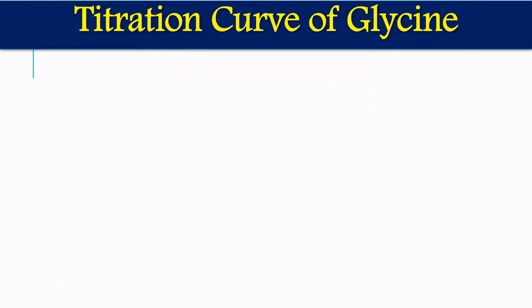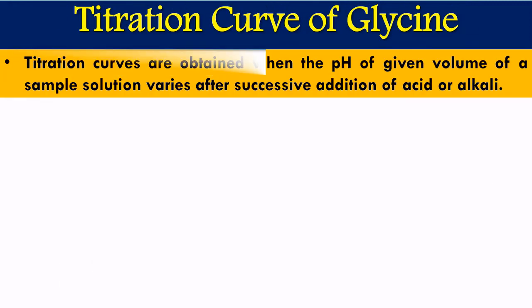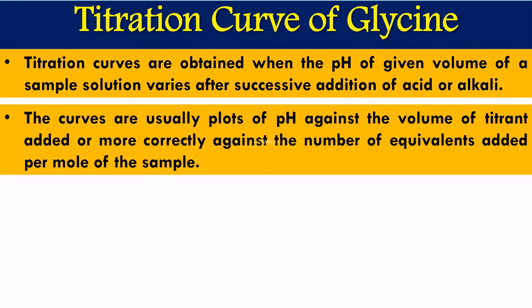Now, if you see the titration curve of glycine or any amino acid, titration curves are obtained when the pH of a given volume of a sample solution varies by addition of acid or alkali. Normally, we will do it by adding alkali. The curve is usually a plot of pH against the volume of titrant added.